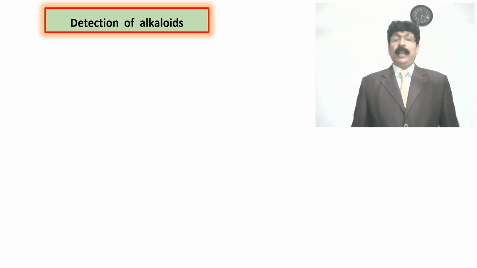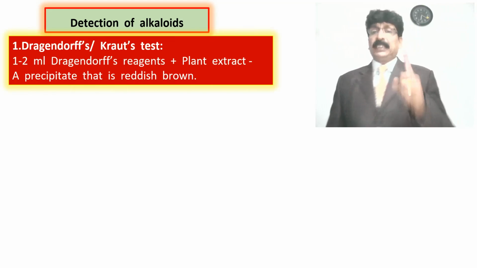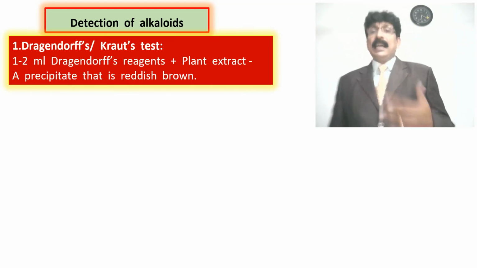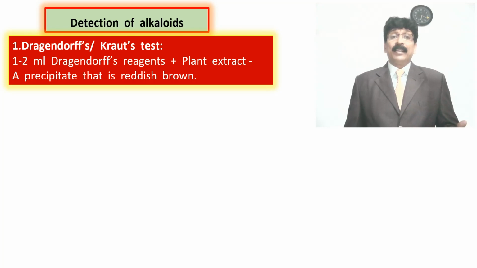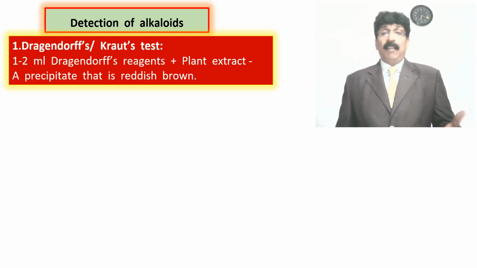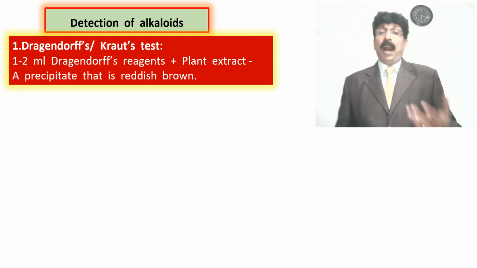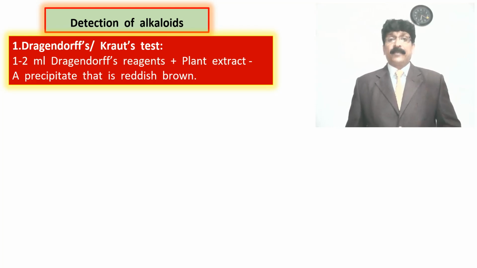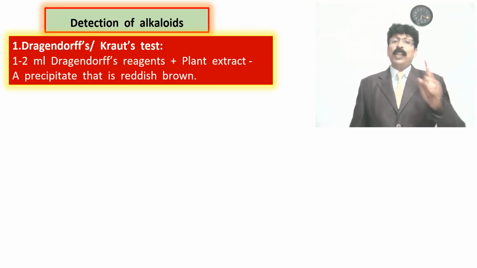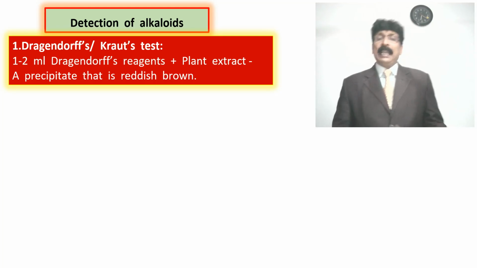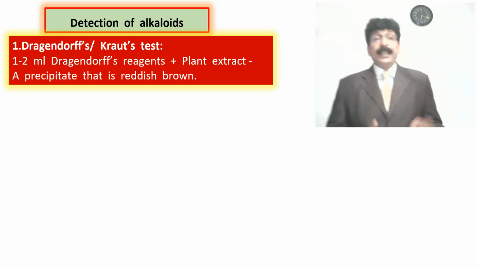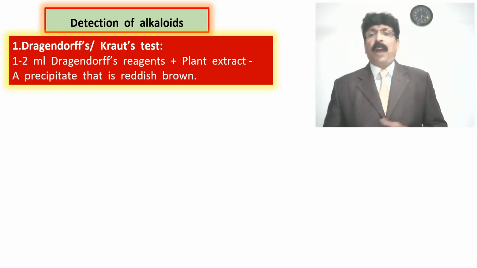And detection of alkaloids. First test, Dragendorff's, or you can call it Kraut's, K-R-A-U-T, Kraut's test, in which 1 to 2 ml of Dragendorff's reagent with plant extract gives a red-brown precipitate.